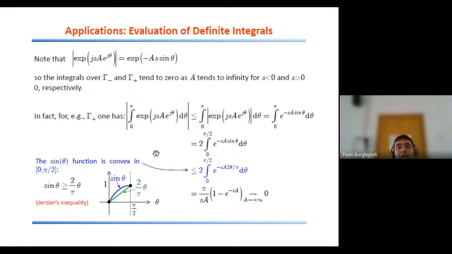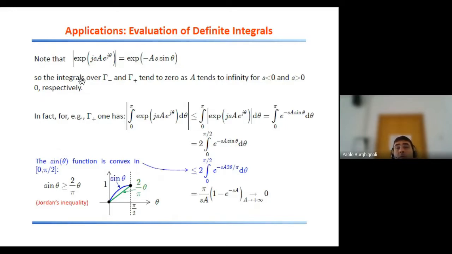we can evaluate the exponential function in absolute value. Since the absolute value of the exponential function derives from the imaginary part of the exponent e to j theta, because of the presence of the imaginary unit j here, the absolute value of this exponential is equal to the real exponential e to minus a s sine theta.